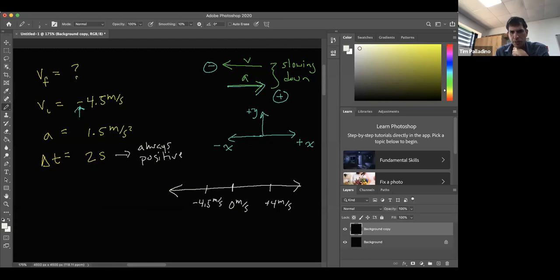Now it says slowing down. After doing this calculation, would you expect the velocity to be something over here, or something over here, if it's slowing down? What do you think?